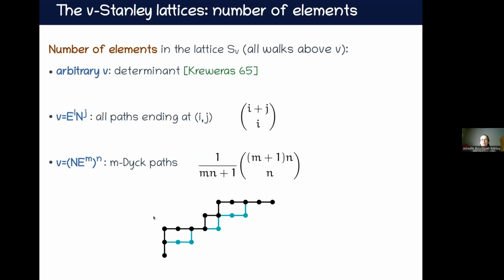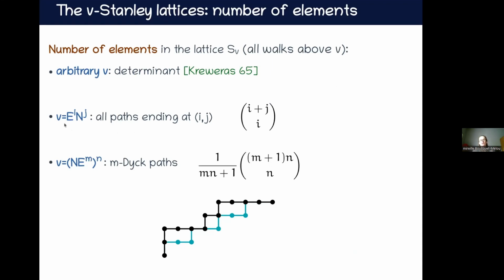And then we can again try to count things. First of all, we can try to count the elements. So this is counting walks above a given base path V. When V is arbitrary, I think the best answer that we have is a determinant due to Kreweras a long time ago.